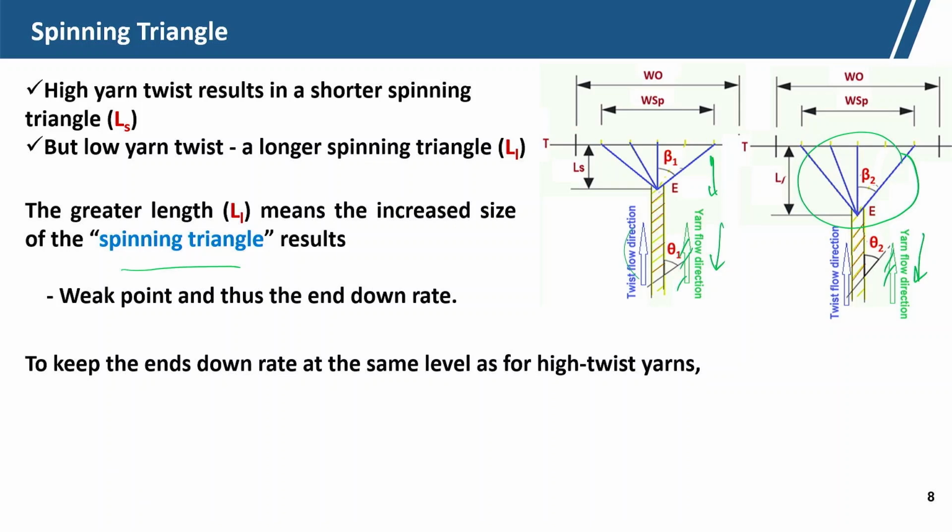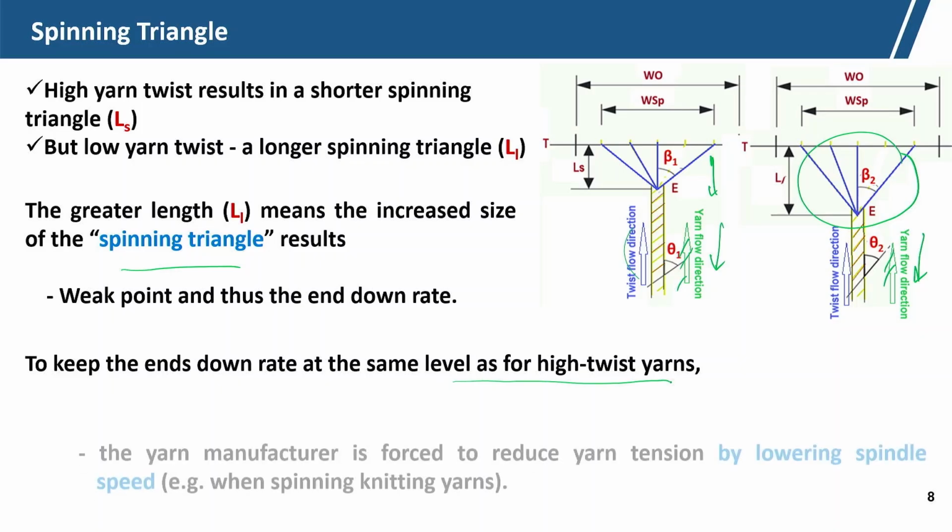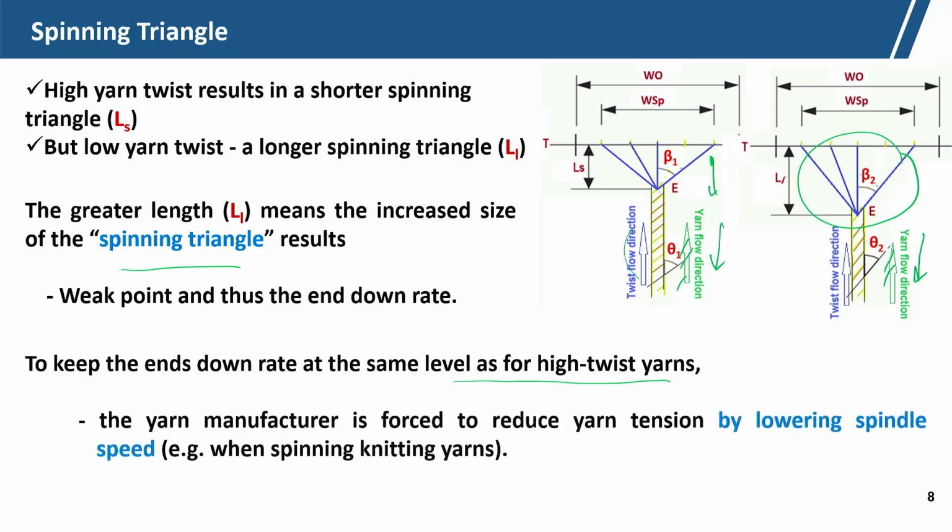To keep the ends down rate at the same level for a highly twisted yarn, the yarn manufacturer is forced to reduce the yarn tension by lowering the spindle speed. So, if we want to reduce the ends down, we have to reduce the speed.